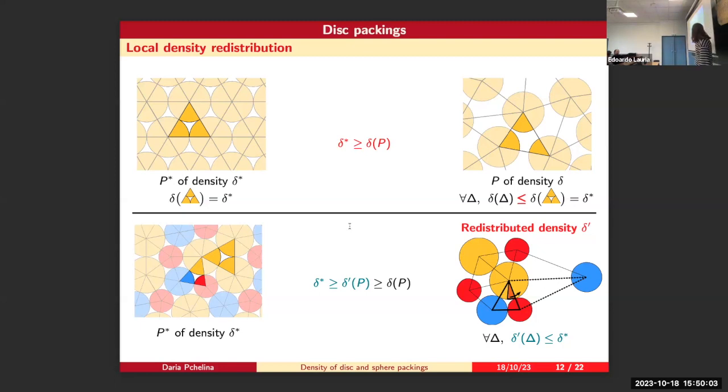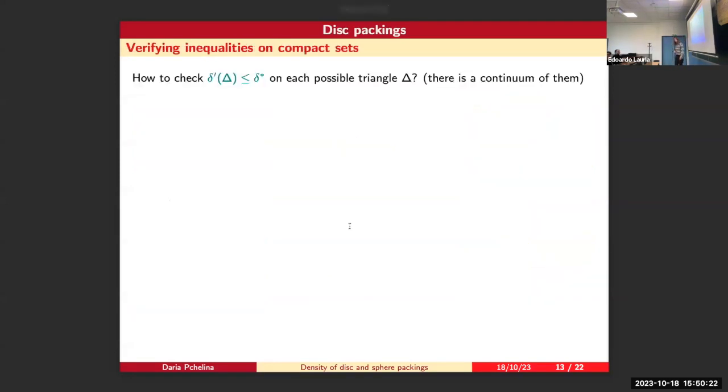And to obtain the same kind of proof, we just redistribute our density before doing the same thing. So now we'll try to prove this green inequality without even knowing the definition of delta prime. And here we have a problem because we should prove an inequality on any possible triangle that might appear in any possible packing.